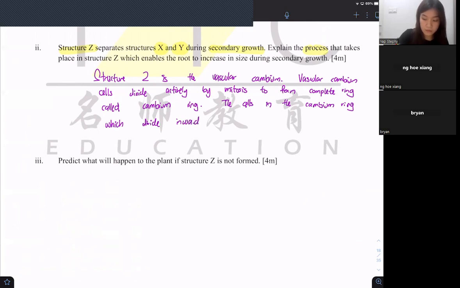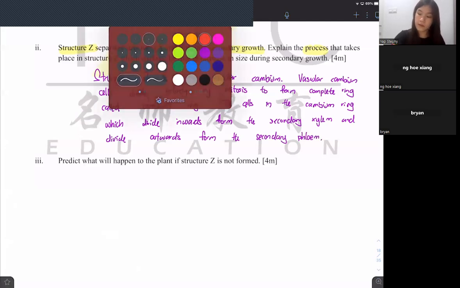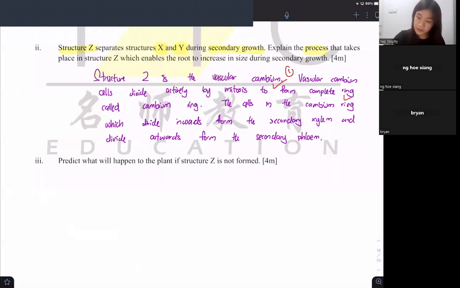They divide inwards to form the secondary xylem, and divide outward to form the secondary phloem. So this is the first point, the second, the third, and the last point. You can get 4 marks here.